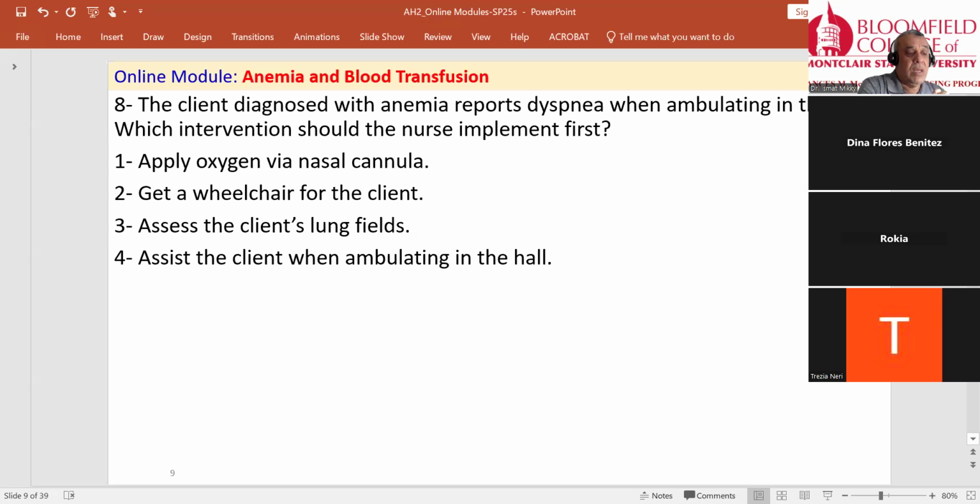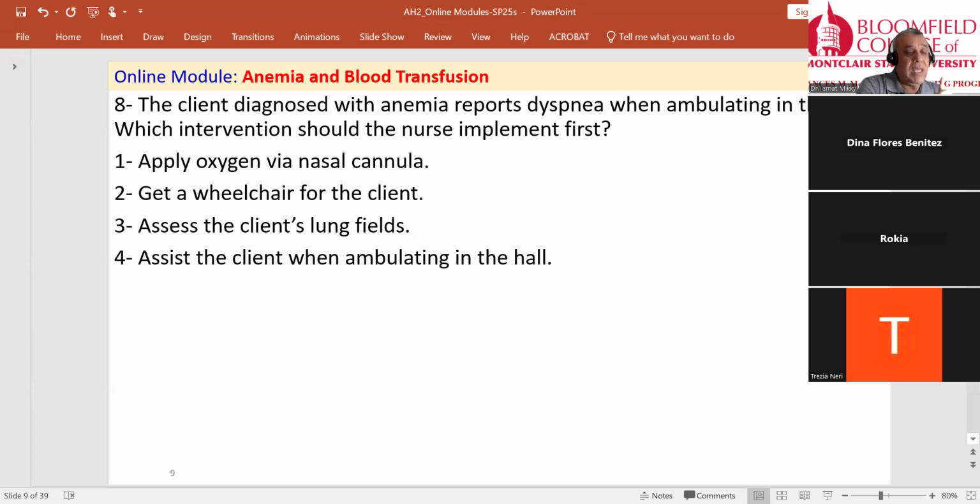It's the same thing, yes, but it's associated with activity, with exertion. There are other types of dyspnea, like orthopnea, but this one is specific to exertion, activity, ambulation, ADLs. So dyspnea on exertion, DOE.